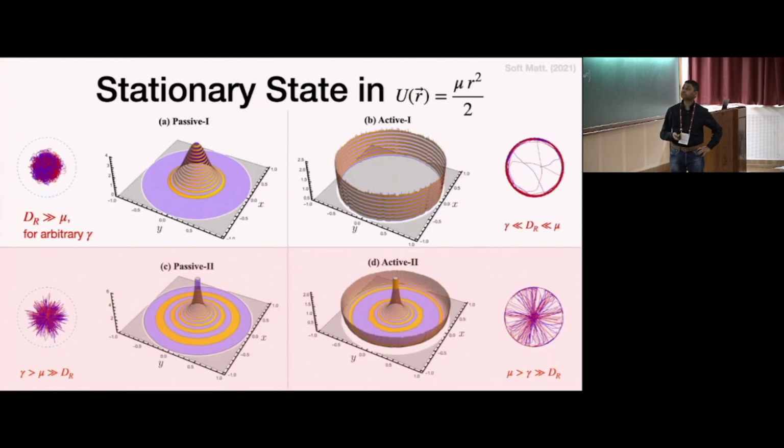You can also look at the stationary state. As in the earlier case, you have these usual two stationary states, but on top of that you have now this other stationary state, and it's precisely coming from the interplay between these two time scales. Either in the passive state or in the active state, there is a diverging peak at the center.